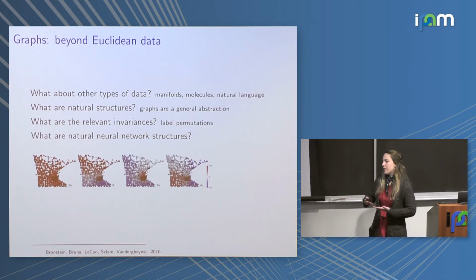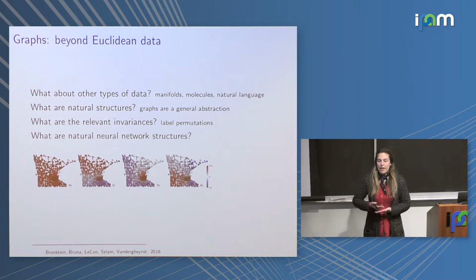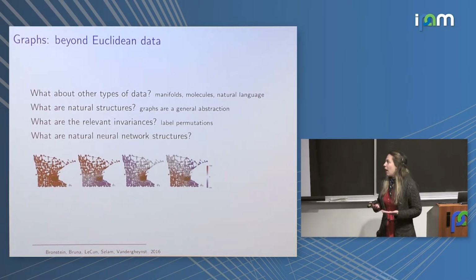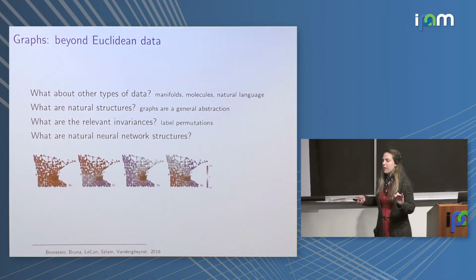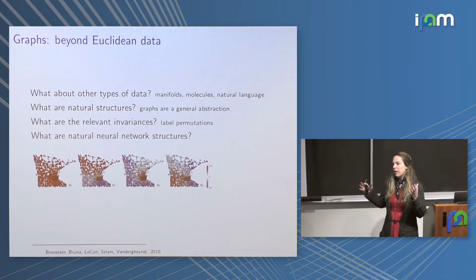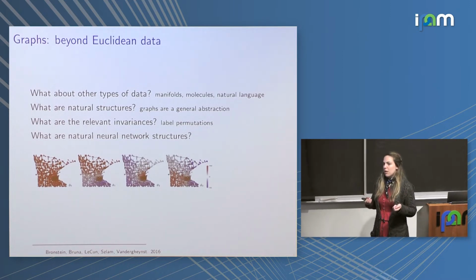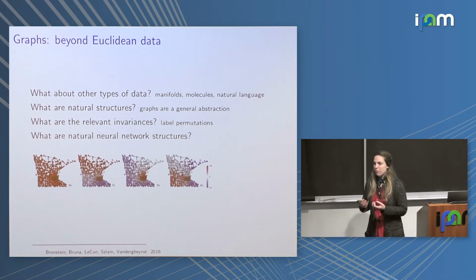In the case of images, the invariance was given by the grid, and here the relevant invariance would be, and I'm going to justify this later, that when you're given a graph, the labels that you give to the nodes are not necessarily relevant, and they are not intrinsic information of the graph.